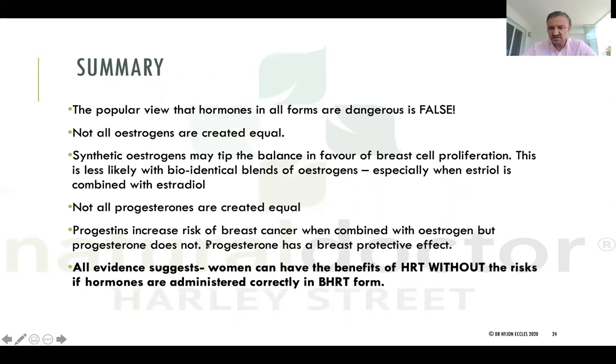Progestins increase risk of breast cancer when combined with estrogen, but progesterone, the natural form, does not. Progesterone has a breast protective effect. So all the evidence suggests that women can have the benefits of HRT without the risks if the hormones are administered in the correct form and by the correct route.